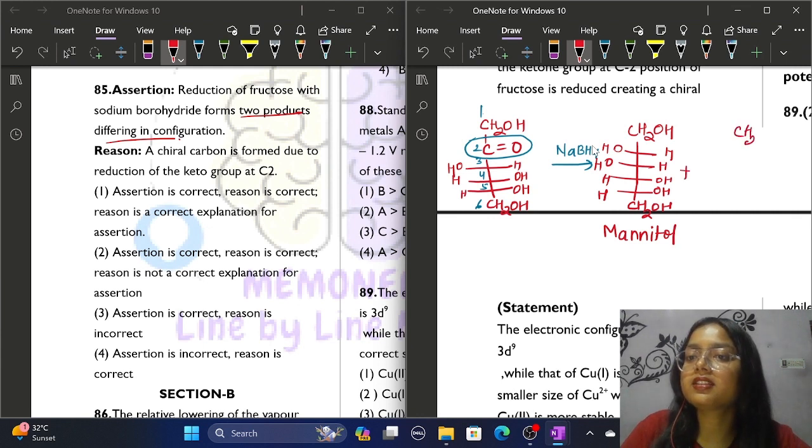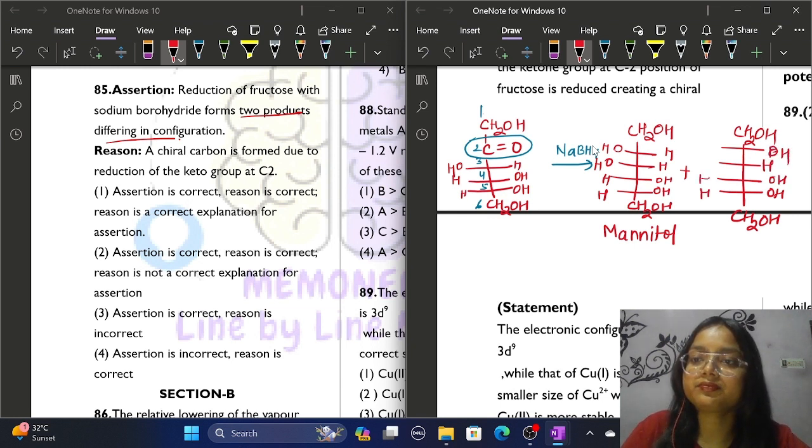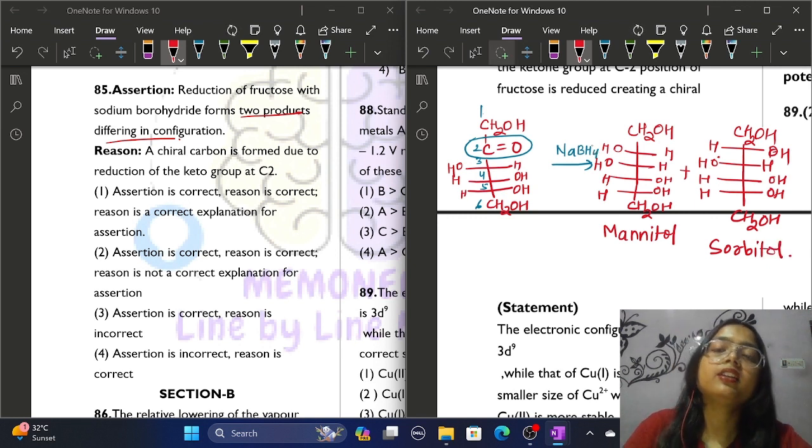What will be the next configuration? CH2OH, OH, OH, H, OH, right? What is the name of this product? It is sorbitol. So these two configurations are formed.